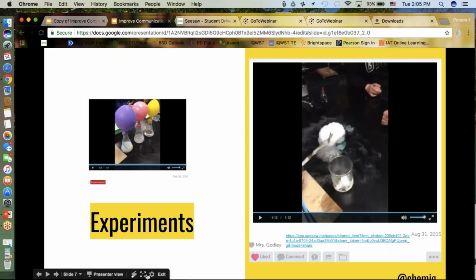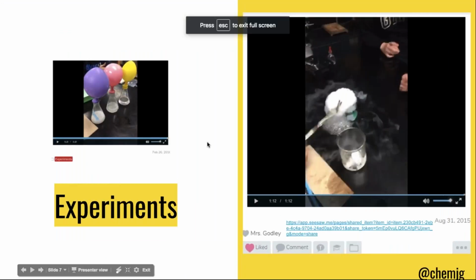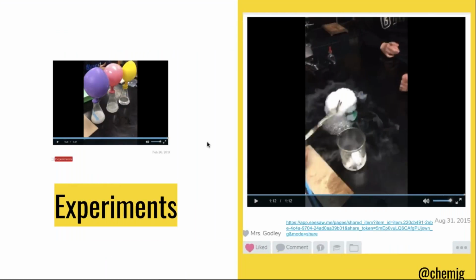There we go. Thanks. But you can hear, if I went longer, they're starting to throw out some words because I'm walking around the room right now and I can't get to every single group. So Seesaw has kind of been a pleasant surprise where I can go back and hear them using terminology. I can see if they're having any misconceptions, but the student will go on and say it's a chemical change, and then they'll see the color change happening, and then they'll start wondering, well, what's happening?